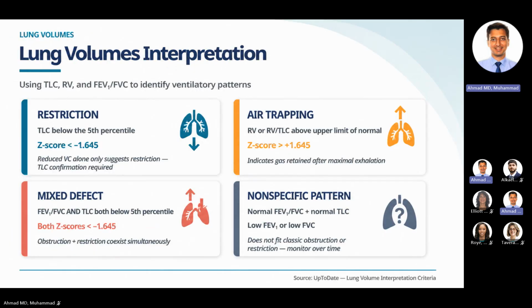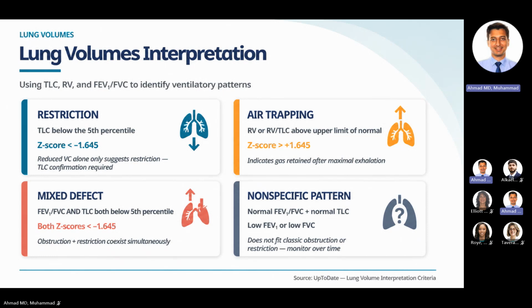A Z-score of minus 1.645 suggests early restrictive lung physiology, and on the vital capacity, always confirm with lung volumes or total lung capacity if you suspect on your spirometry a reduced forced vital capacity. A mixed effect shows an FEV1, FVC, and total lung capacity both below the 5th percentile, a Z-score less than minus 1.645.